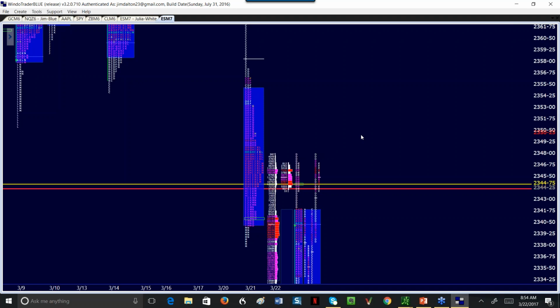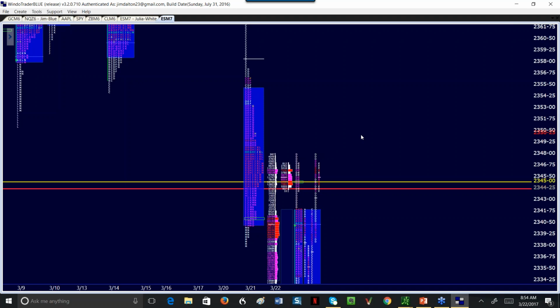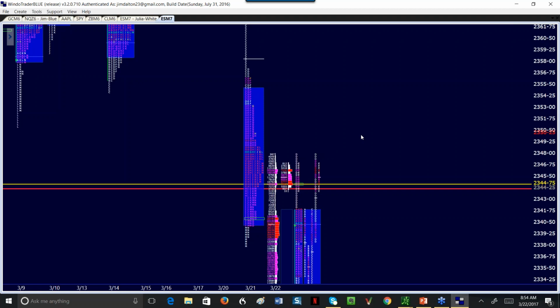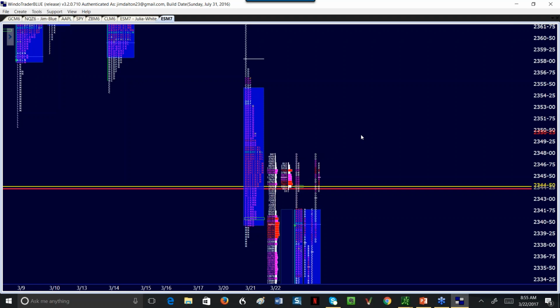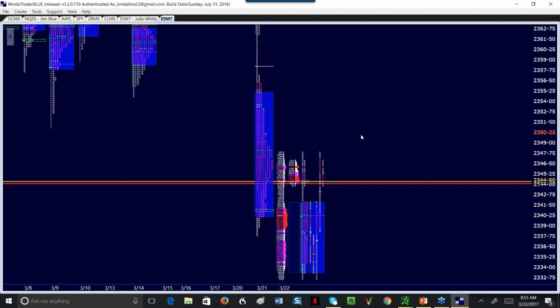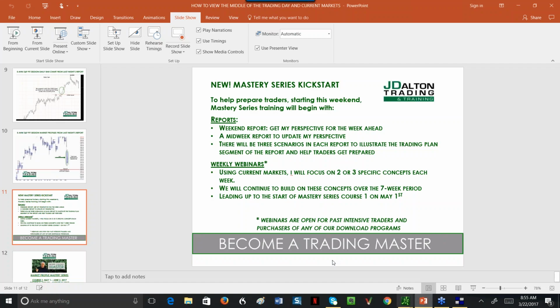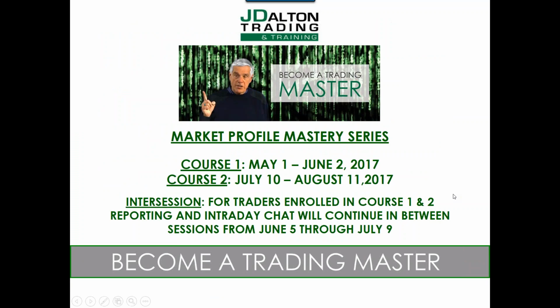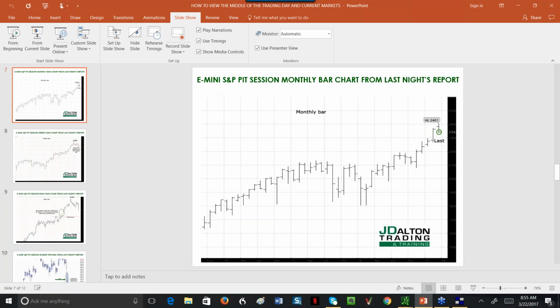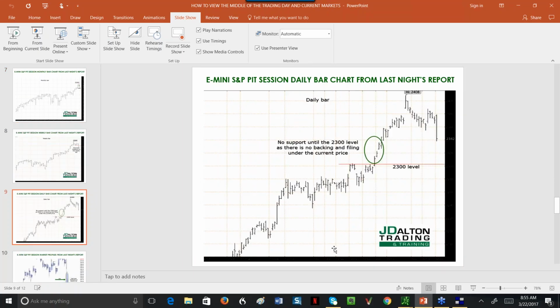But then once the trade is on, you're managing for continuation. So now when I look at this trade, remember what's going through my head. I showed you the daily bar chart. Let's go back to the slides for a second. I remember my longer term move, not necessarily longer term, but the next few days, it wouldn't be a surprise to me if we go down to the 2300 level.